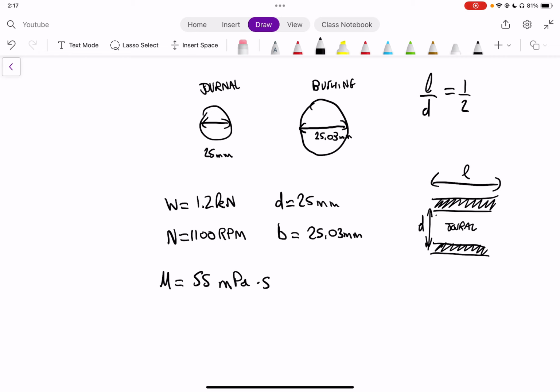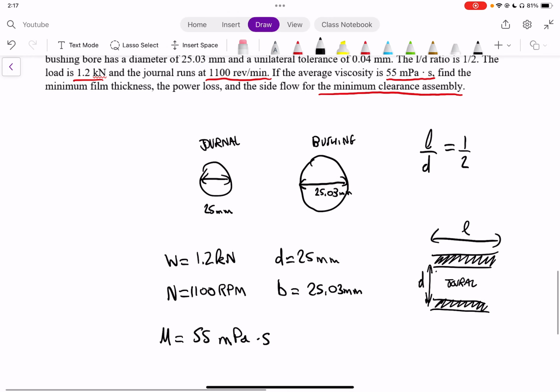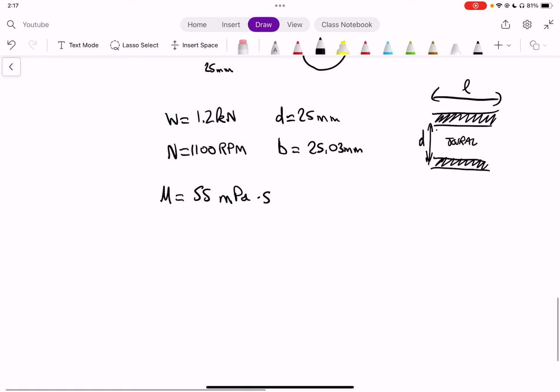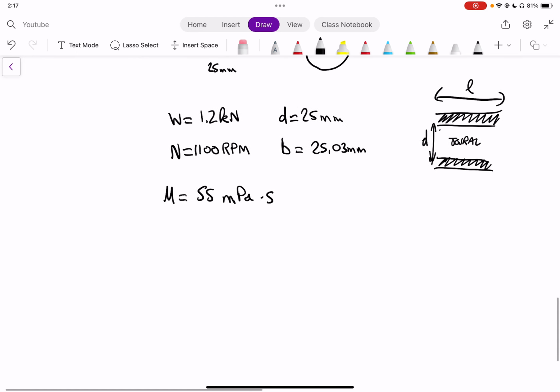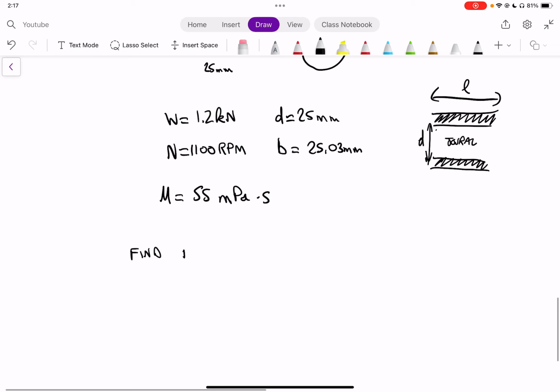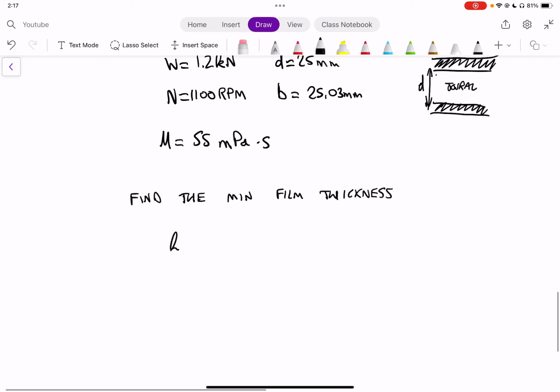And the first thing we're told to find is the minimum film thickness. So this is where we're going to learn new things. So I'll put min film thickness first. The minimum film thickness is a value called H0, and this is when the journal is off center.